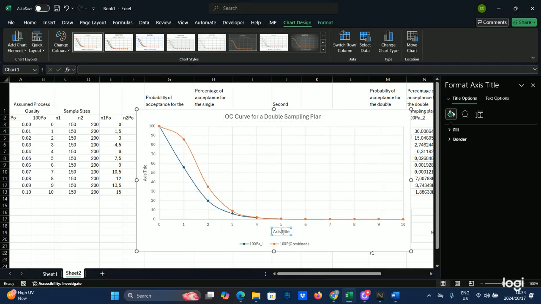So this is gonna be given by proportion or percentage non-conforming, which is gonna be your 100 P0, and then it's gonna be your percentage of acceptance.